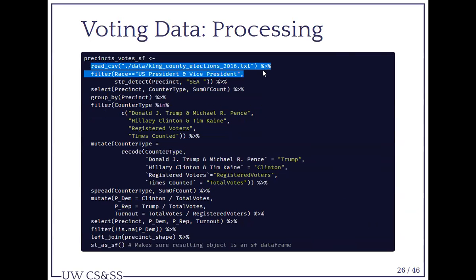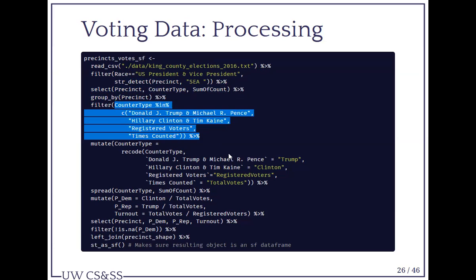I've read in the King County data, filtered to the president race, string detected the precinct for Seattle, selected just the precinct, counter type and sum of count, grouped by the precinct, taken only the counter types for Donald Trump, Hillary Clinton, the registered voters, and the times counted, and then recoded the counter type variable to be just Trump, just Clinton, registered voters as one word, total votes as one word.